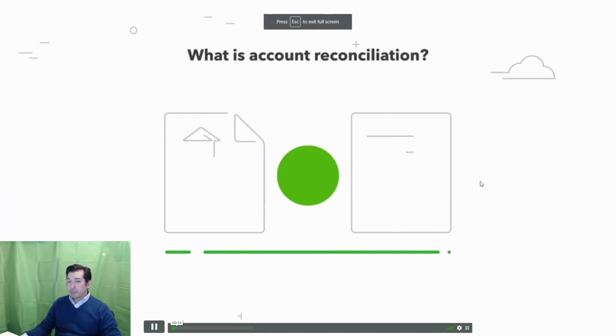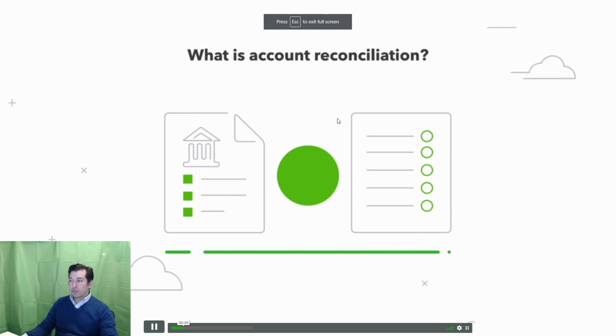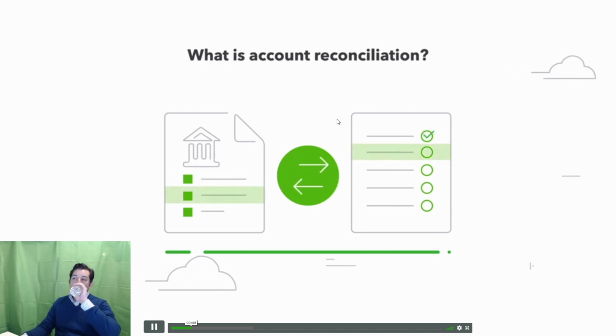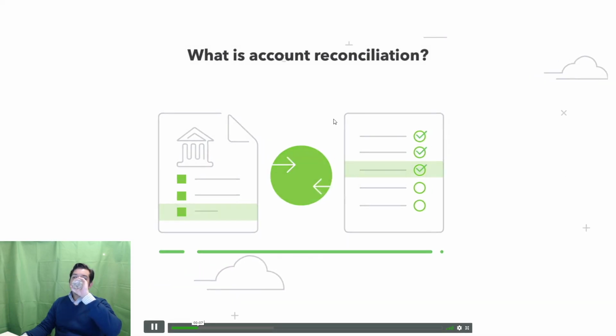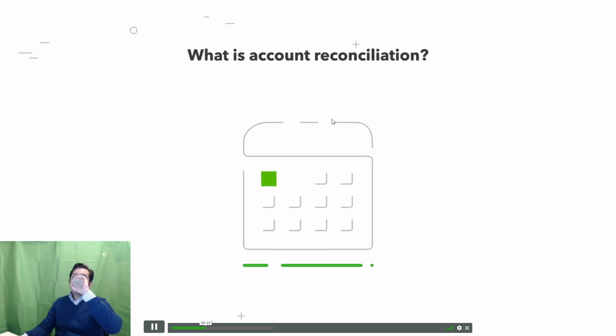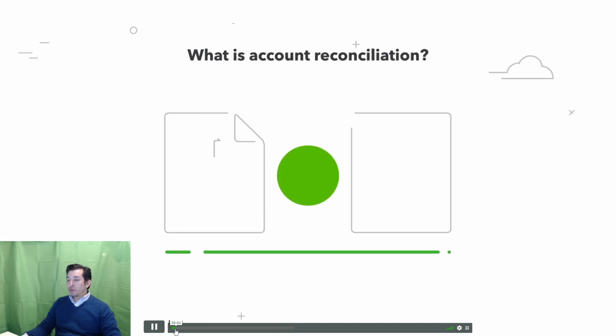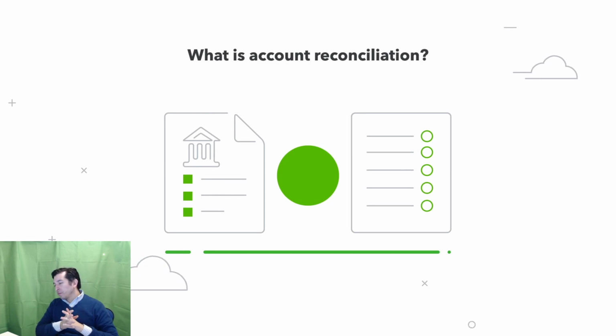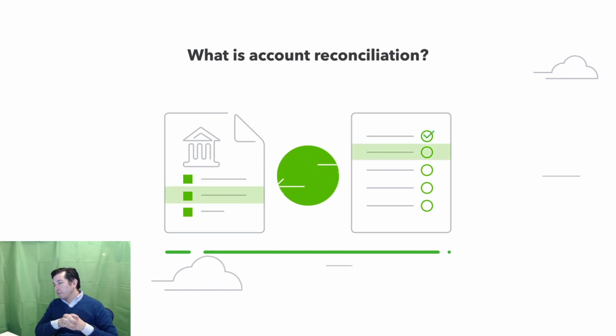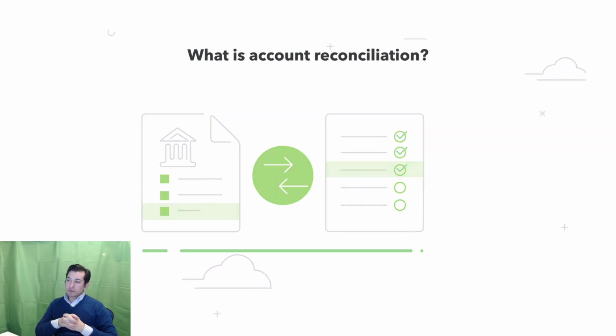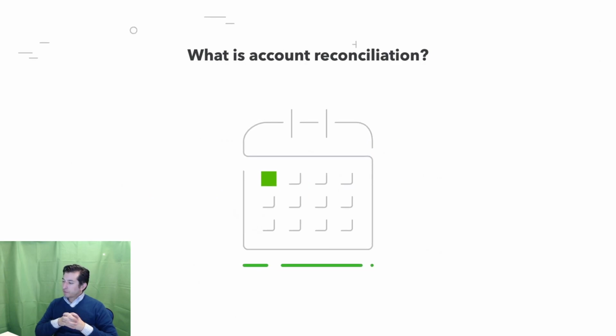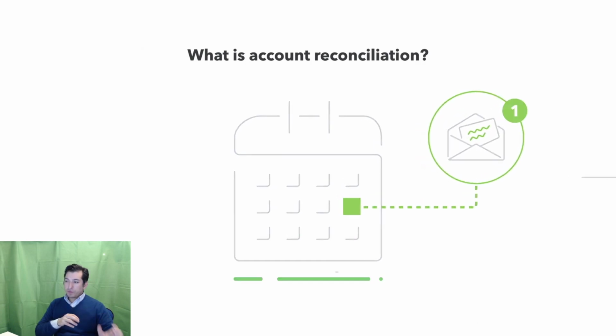Account reconciliation is the process of matching transactions entered into QuickBooks Online against your client's bank or credit card statements. This review should be done on a regular basis, once a month at the very least, when you receive your statements.